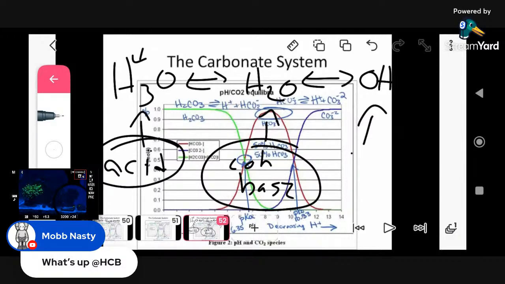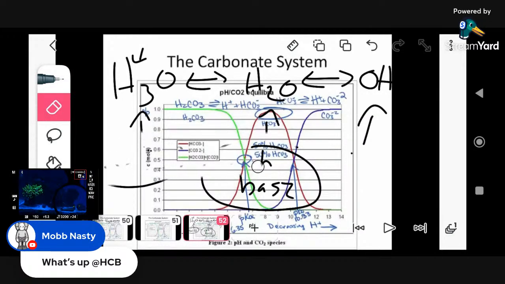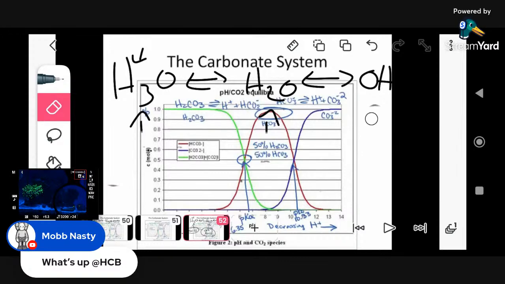I'm going to erase this. Where's the eraser? I'm going to erase this real quick. And then I'm just going to write A for acid, and then CB for conjugate base. You see that?